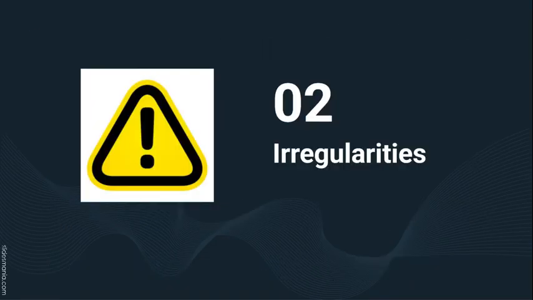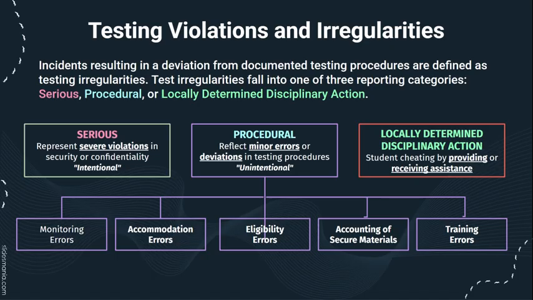What is an irregularity and what happens next? Incidents resulting in deviations from documented testing procedures are defined as testing irregularities. These fall into one of three categories: serious, procedural, or locally determined disciplinary actions. Today I'm going to explain serious and procedural.